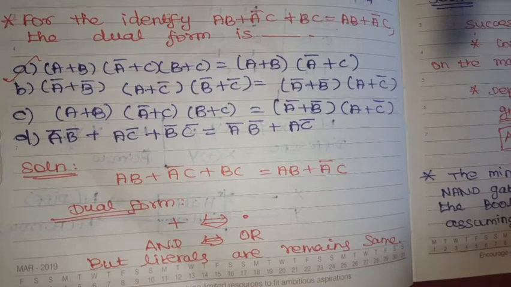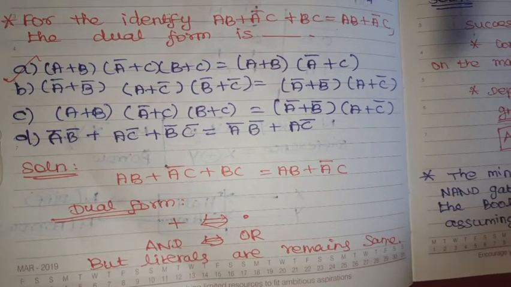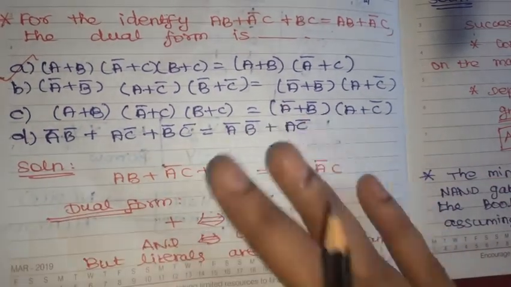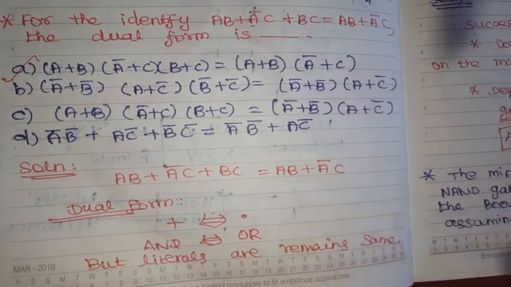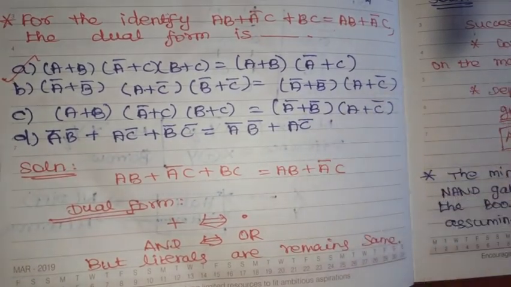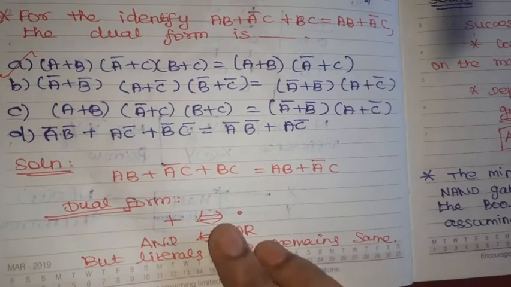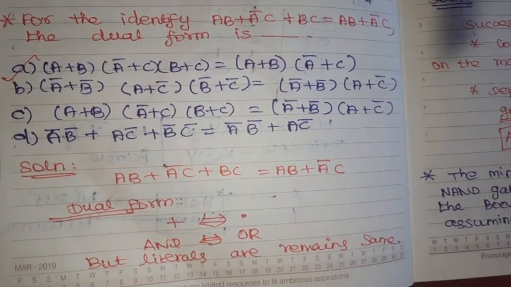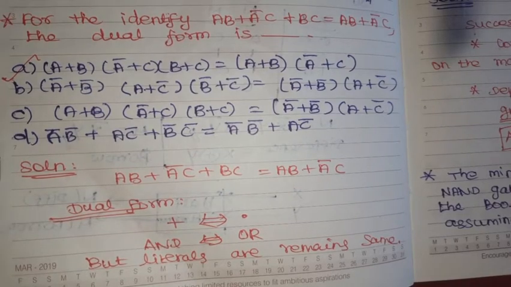What is the difference between dual and complement form? Complement form means whenever logical 1 is complemented, we will get logical 0, and for logic 0, we will get logic 1. But in dual form, the and symbol is replaced by the or symbol and the or symbol by the and symbol, but the literals will be the same.